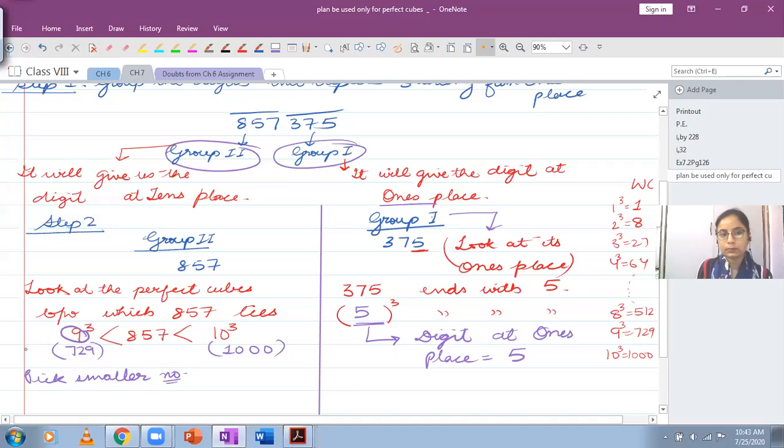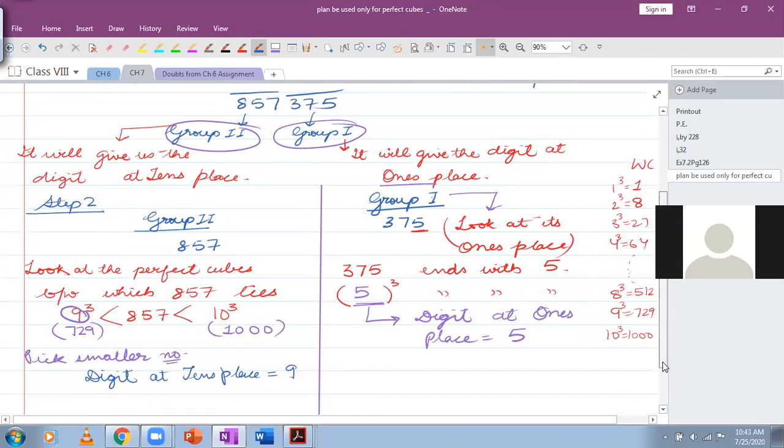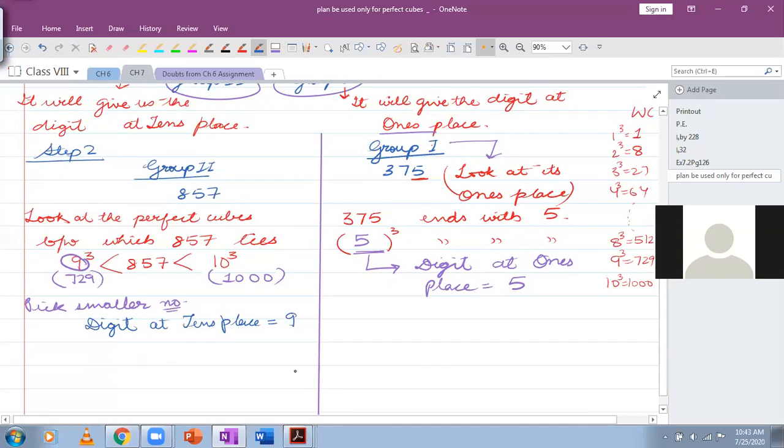So from here, what we have is the digit at tens place. And after this, you can just give your answer.